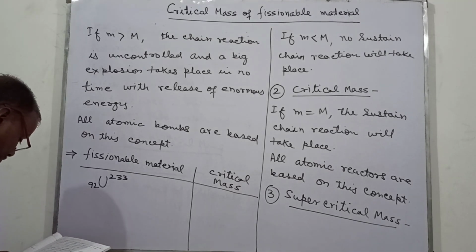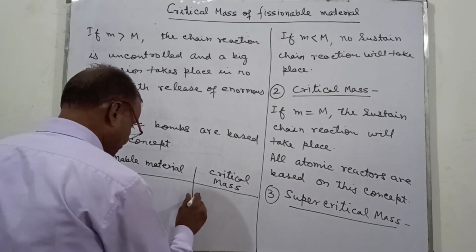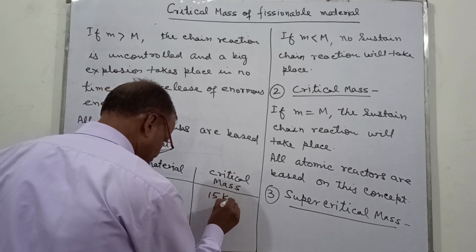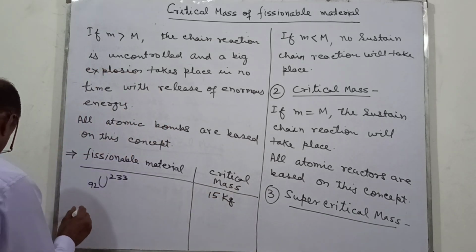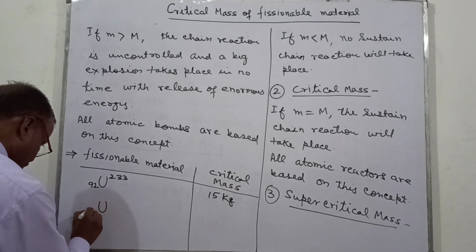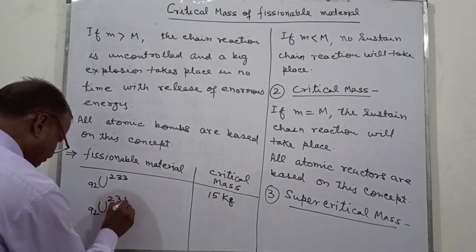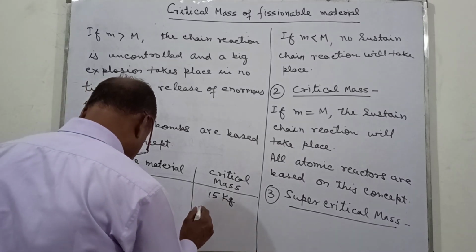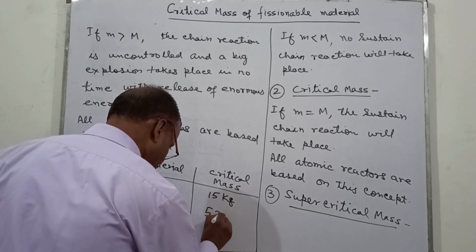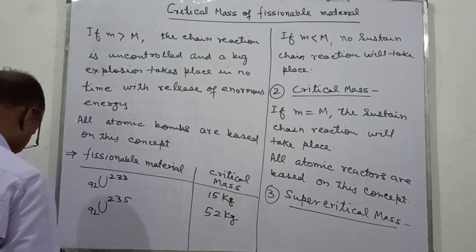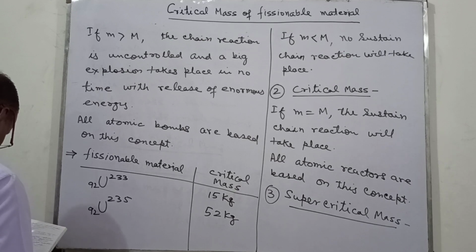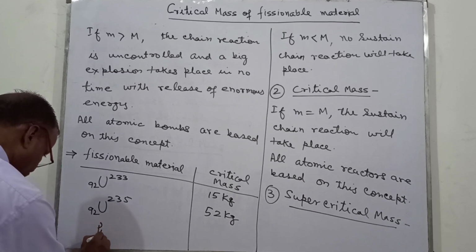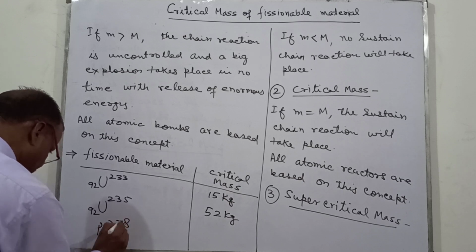Its critical mass is 15 kg. Uranium 92 235, its critical mass is 52 kg. Now plutonium-238.